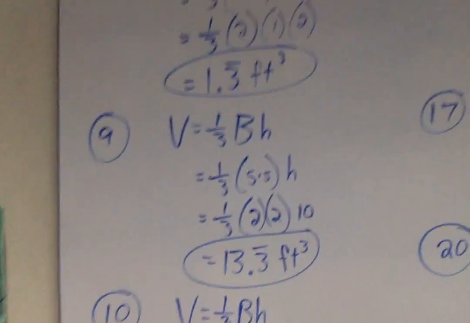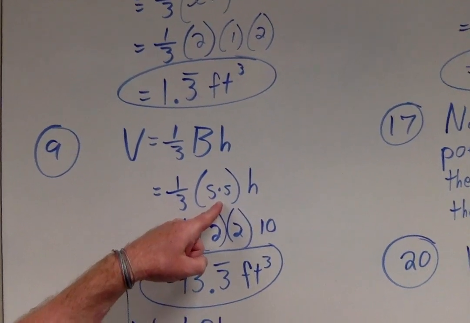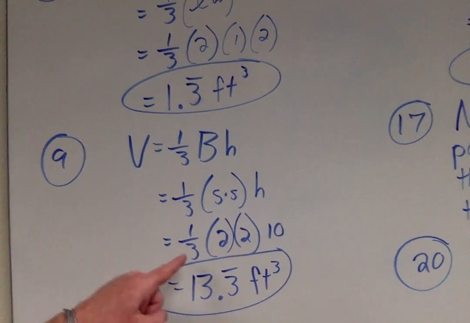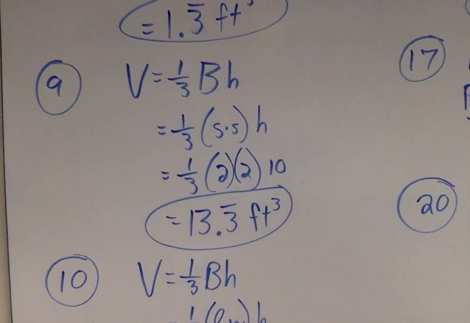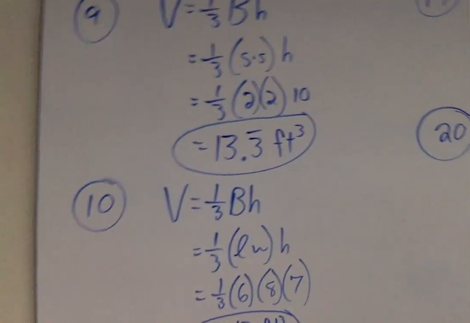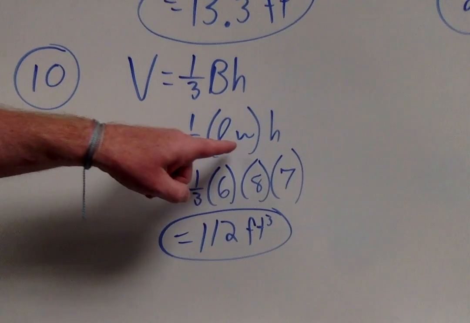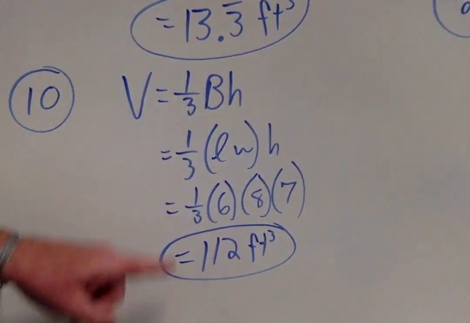Number 9. We got another volume of a pyramid. Now it looks like the base must have been a square because I wrote side times side. 2 times 2 times the height divided by 3, 13 1/3 or 13.3 repeating feet cubed. Number 10. Another one. Must have been another rectangular base because I said length times width. 6 times 8 times the height of 7 divided by 3.